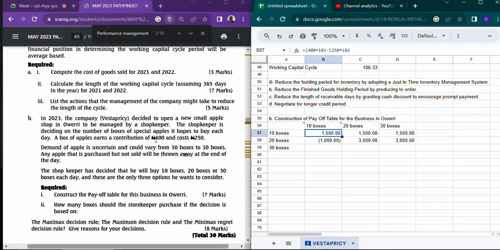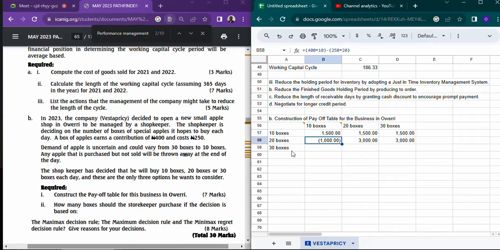That's 400 times the 10 boxes minus the cost, 250 times the 10 boxes. So that will give us the profit for 10 boxes. So even when they demand for 20, you can only sell 10. When they demand for 30, you can only sell 10. Does it make sense to you?